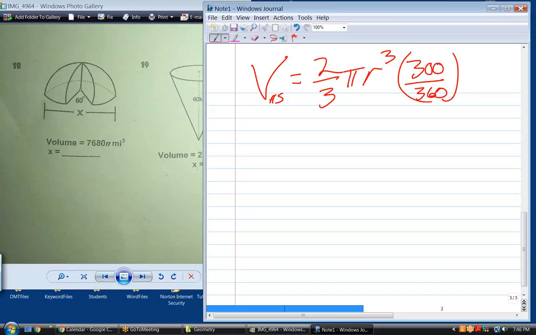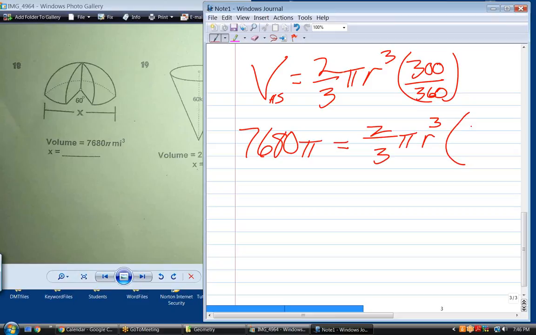Now let's plug in everything we know. I simplify that a little bit, but I don't take the trouble to simplify it completely because it's not really necessary.